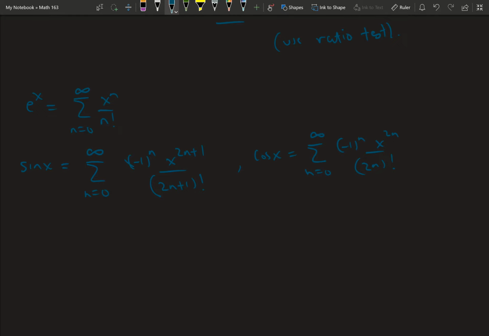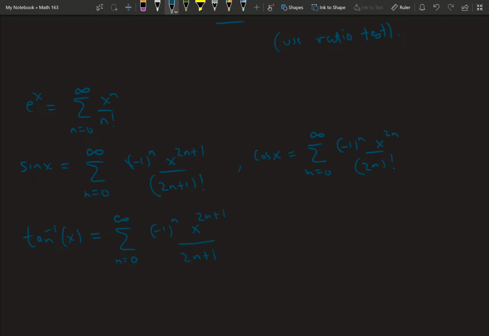From one of the previous sections, we derived the formula for the tangent inverse, and this was one where we did it with some integration, and we had negative 1 to the n, x to the 2n plus 1 over 2n plus 1.